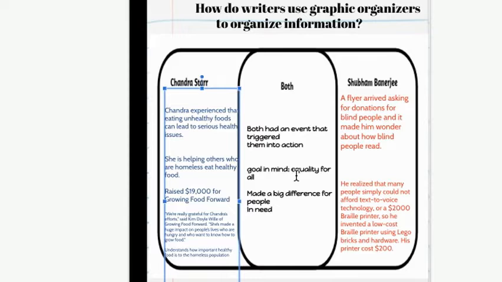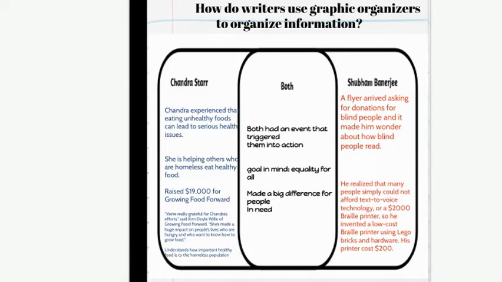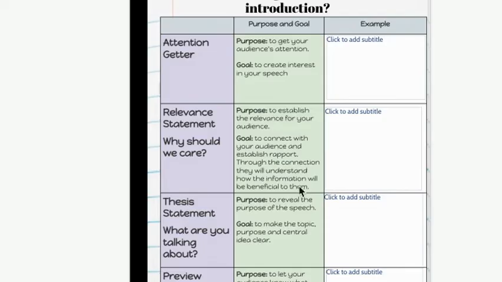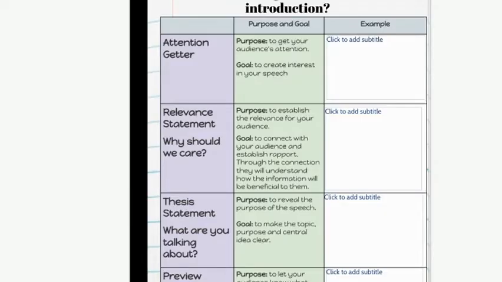Both had this goal of equality for all, and both made a big difference in people's lives in need. So, today we're going to talk about the different parts of an introduction, and we are going to create a working outline that we will use to then produce our introduction.